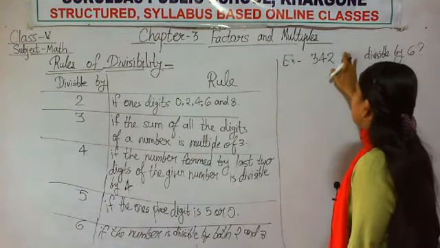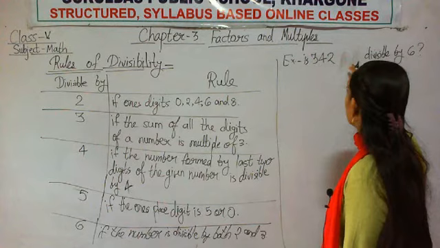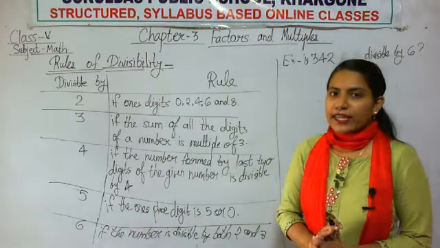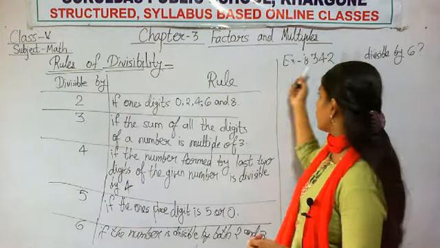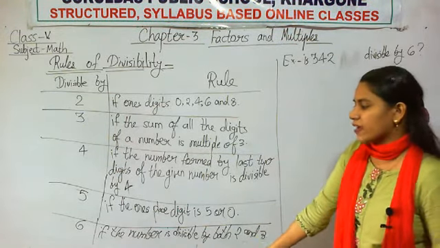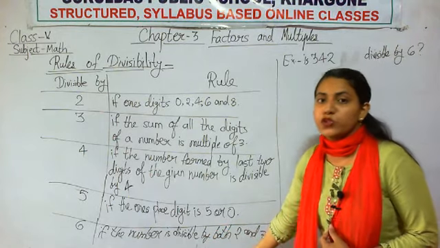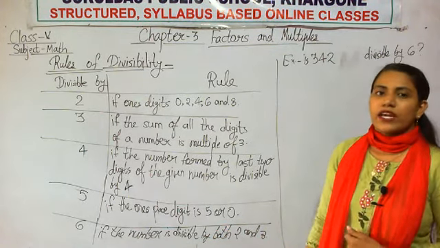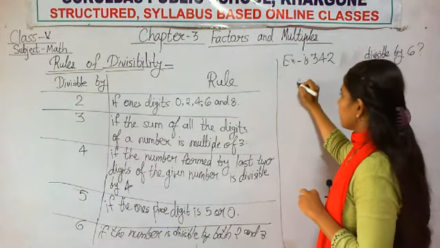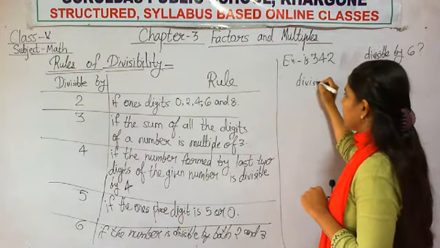Yes or no? For checking it, what does the rule say for divisibility by 6? The rule says that if the number is divisible by both 2 and 3, so here you have to check both divisibilities.